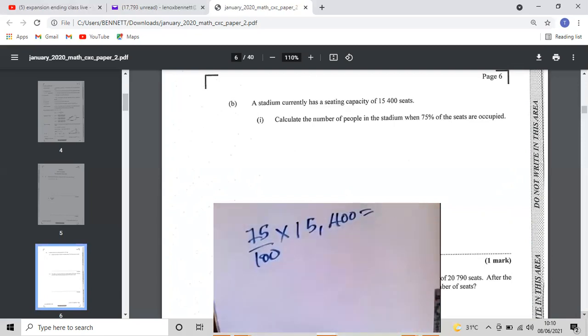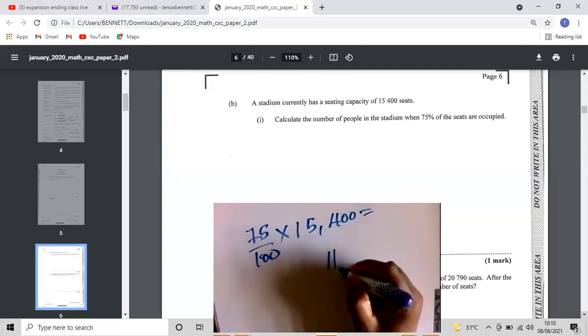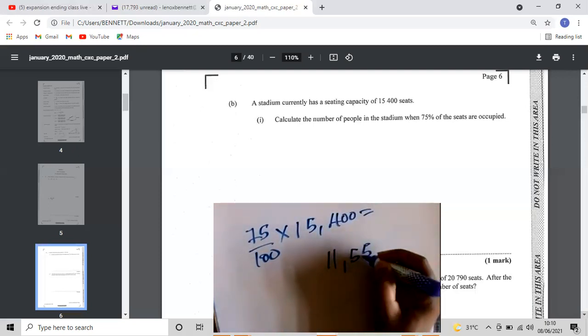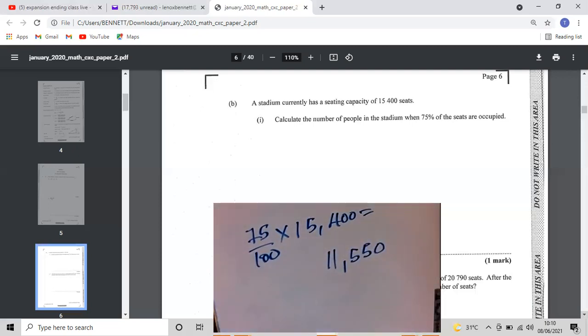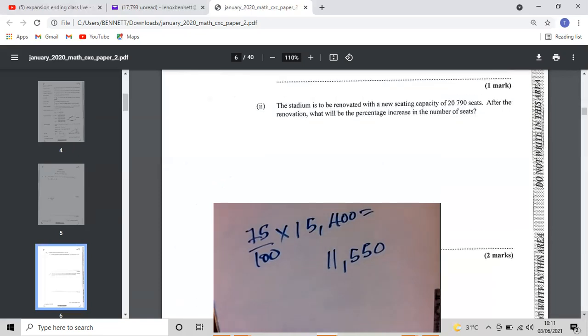Basically we are finding 3/4 of it. Again, we can just use the calculator. 3/4 is the same thing as 0.75. So 0.75 times 15,400 gives us 11,550. And that was worth 1 mark.